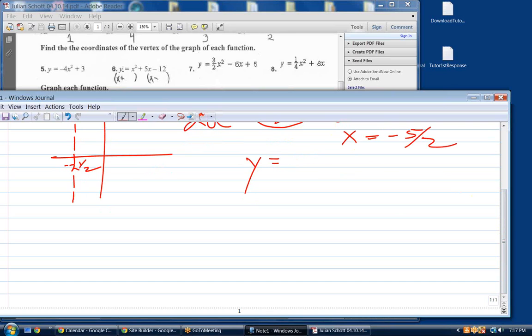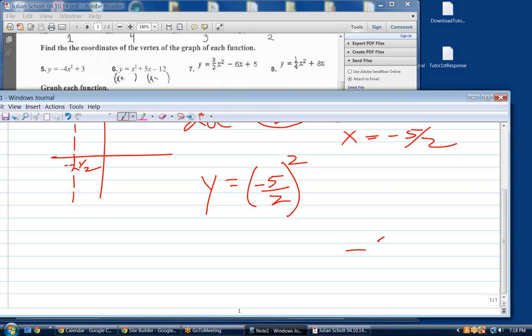Okay, so there's your function right there: x squared plus 5x minus 12. Substitute minus 5/2 wherever you see x. But it's very important to use parentheses because it's a negative 5/2. That's what I was trying to get at, to see whether you put the parentheses in.